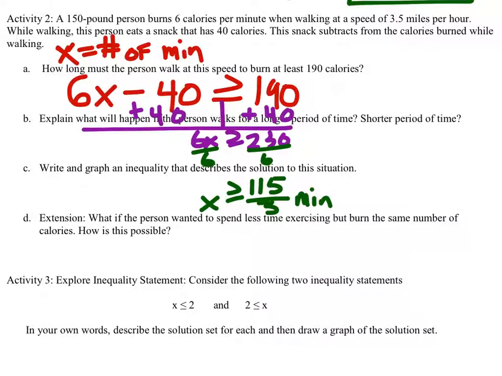So, in other words, to burn at least 190 calories, you would have to walk 115 thirds minutes or more. So that would be the answer to that one. At least 115 thirds minutes.